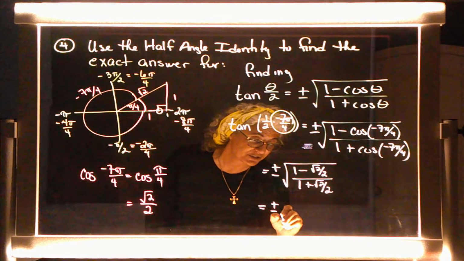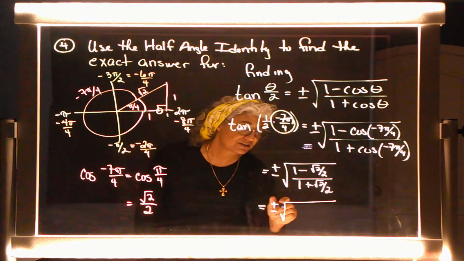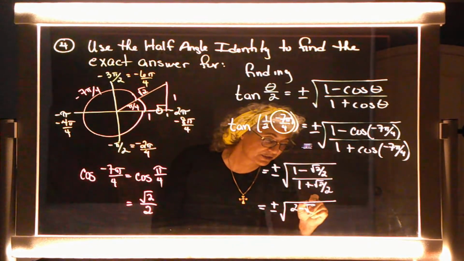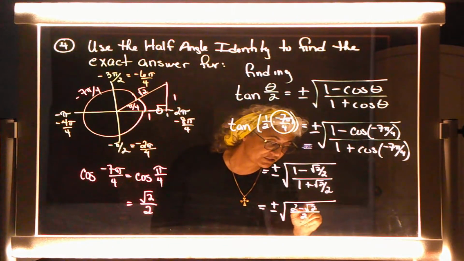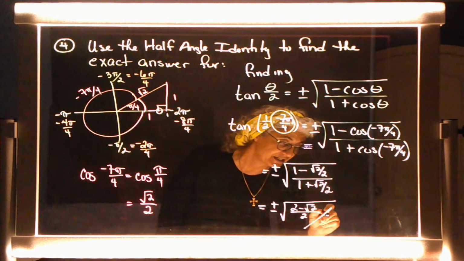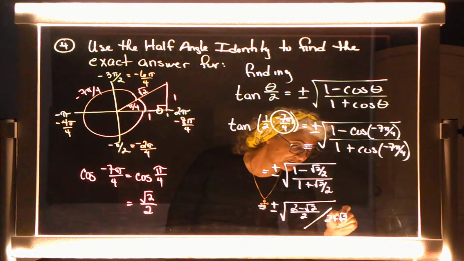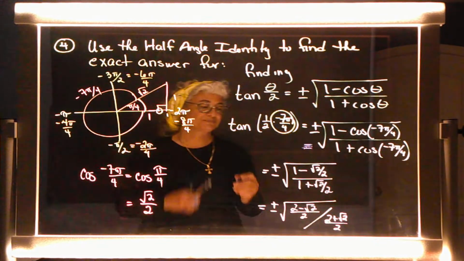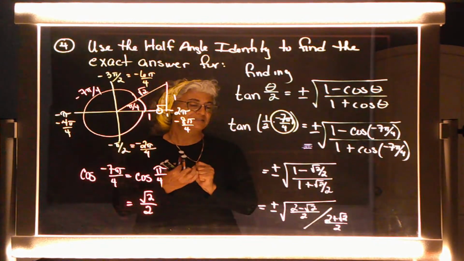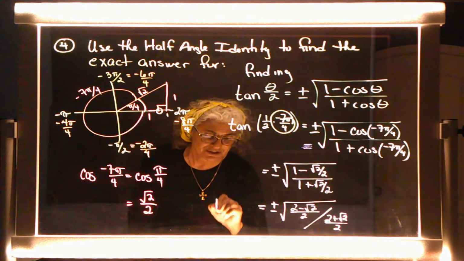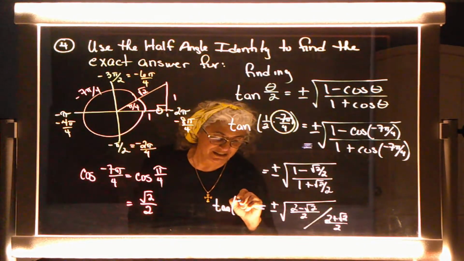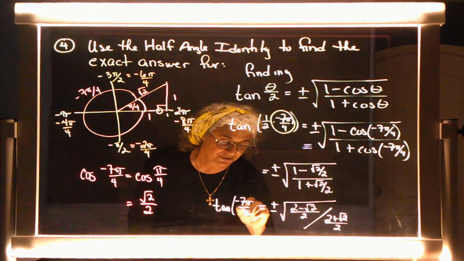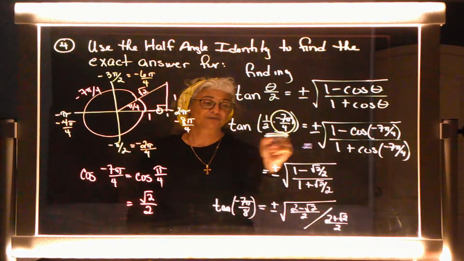So get your algebra going over there. Add your fractions. We have 2 minus square root of 2, the whole thing over 2, divided by 2 plus square root of 2 over 2. And this is so far the tangent of negative 7 pi over 8, right? Remember when you multiply those together.